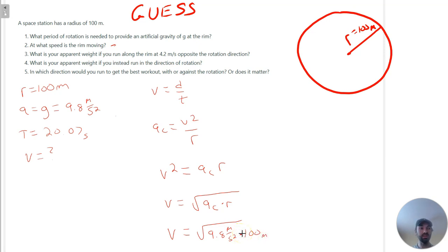We plug that in a calculator and we find that our speed is 31.3 meters per second. That is our velocity at a given point, but we're constantly changing direction. Boom, done. Number 2. That was a breeze.